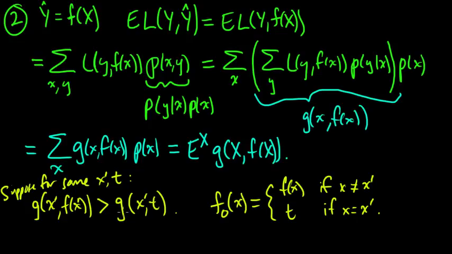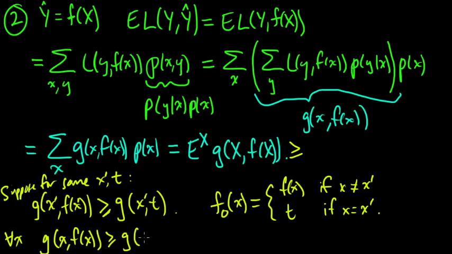And now this is less, or maybe let's just say less or equal for now, then the g using our original f is greater or equal, because the expectation is order preserving. And so with our new f, our f0, we have that for all x, g of x and f of x is strictly greater.